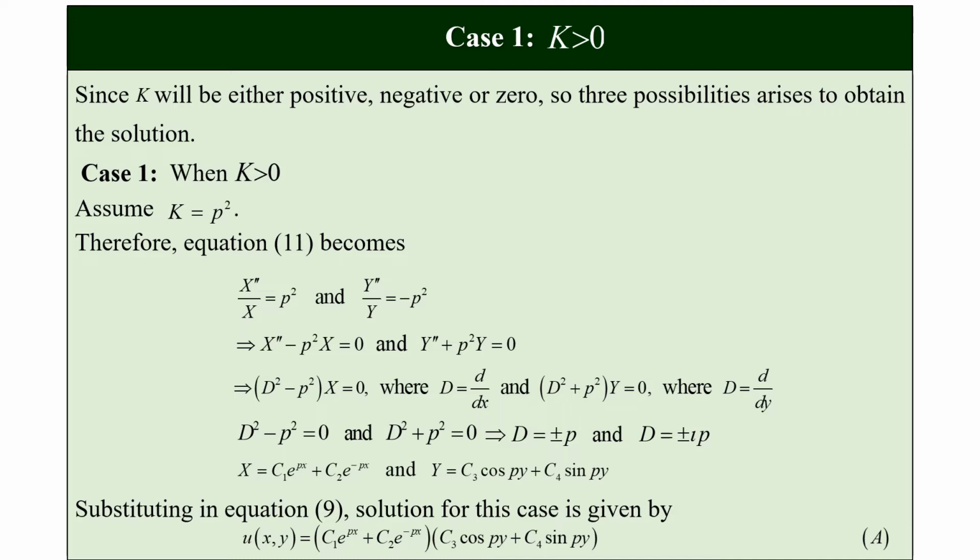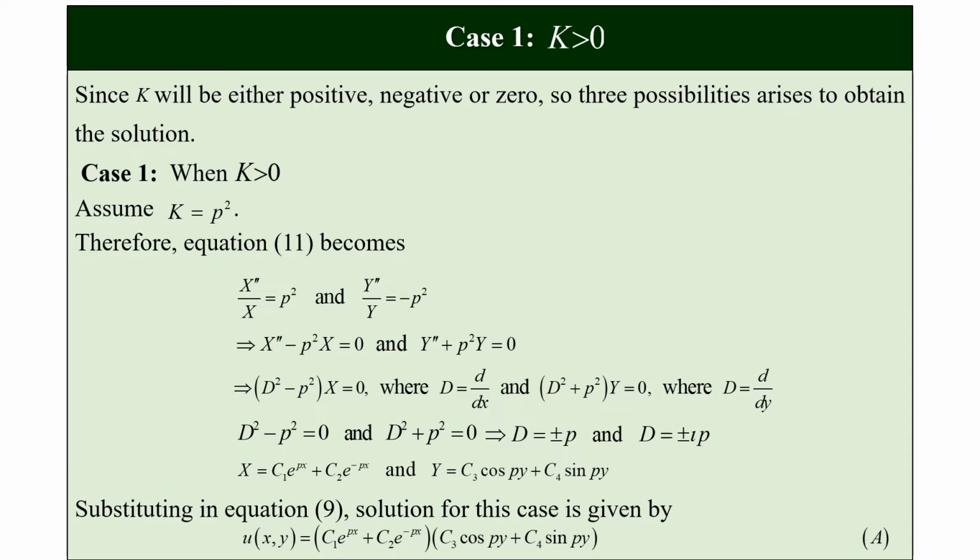After solving, we get the real roots as plus minus p, and after solving the second auxiliary equation, we get the imaginary roots D equal to plus minus i p.